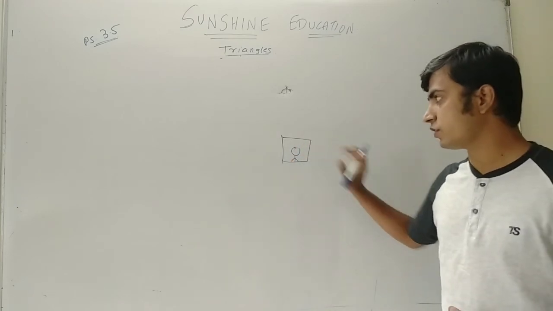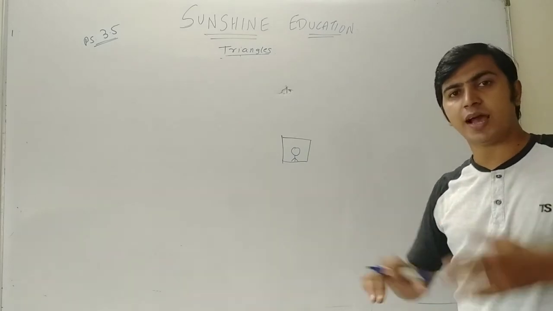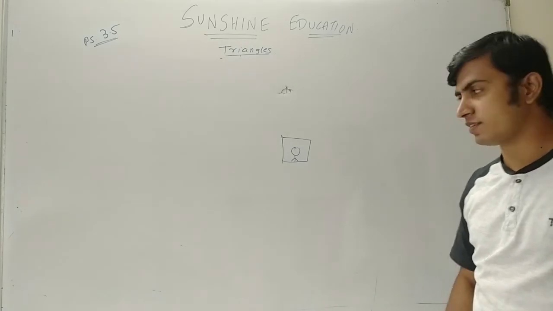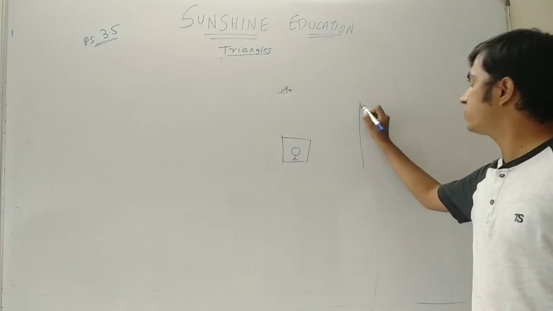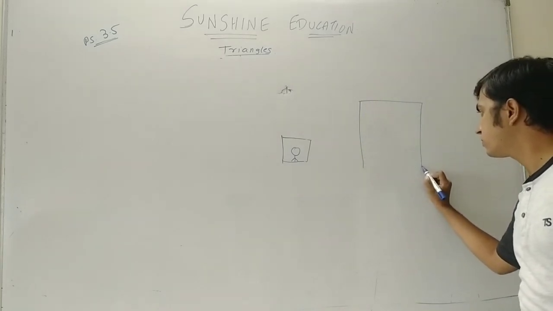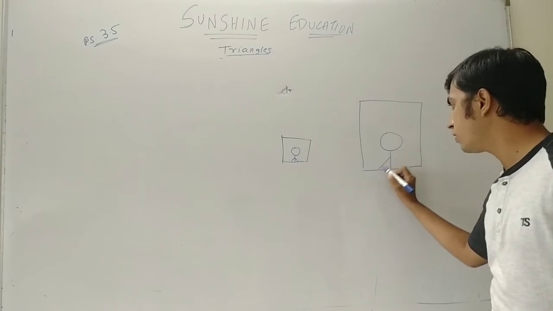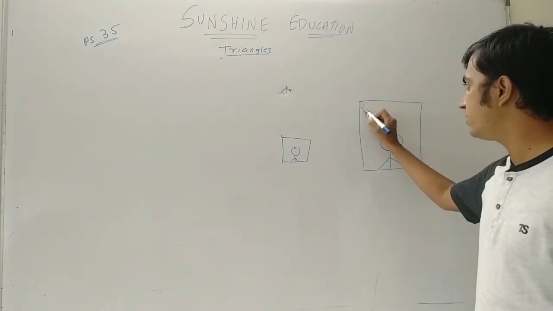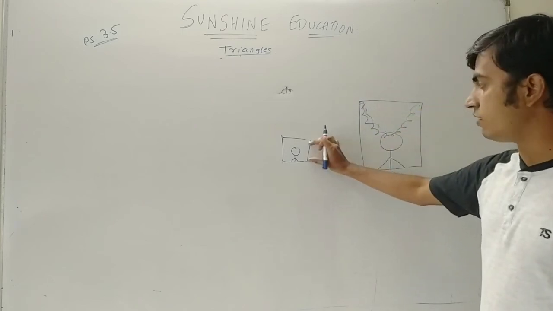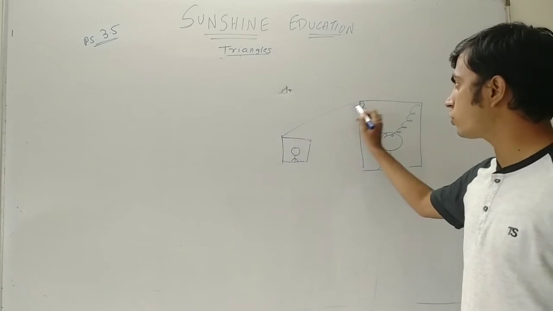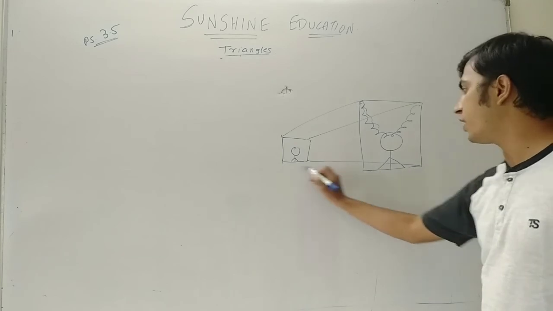But in case something happens to me and I am dead, for example, that same photo will be enlarged on the wall, with garlands. The same photo is enlarged, so this photo and this photo are similar but not congruent.